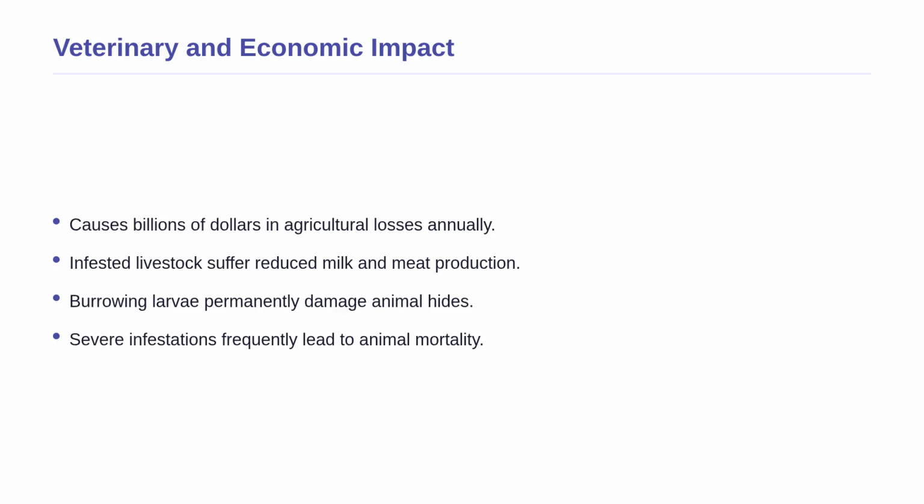Additionally, as the larvae burrow through the skin, they permanently ruin the animal's hide, destroying its commercial value. If left untreated, these infestations frequently lead to the death of the animal. This is why farmers and scientists are constantly working on control strategies, like releasing sterile male flies or developing better insecticidal dressings.